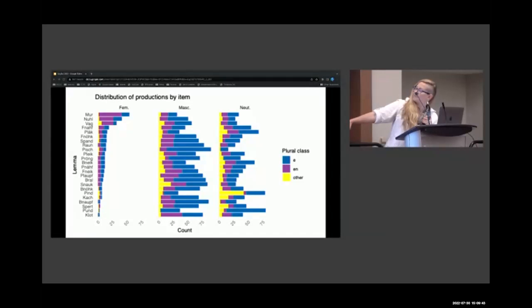And one thing you can see is that there can be a lot of differences in opinion of the gender. I think what this plot shows at a glance is that there was a lot of variation there, and then there was also independently a lot of variation in how people thought that should relate to plural class.